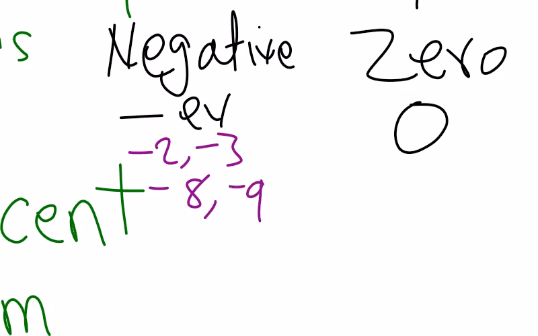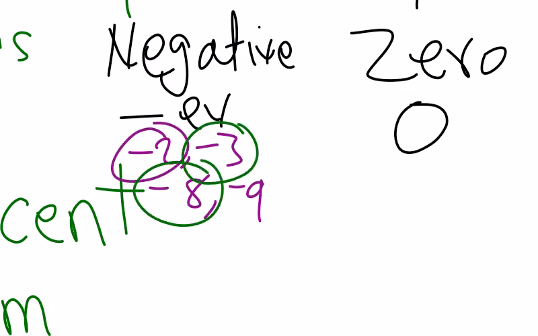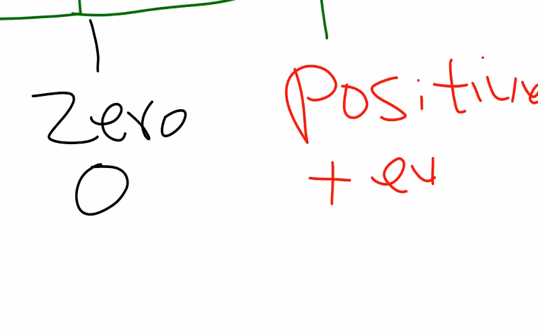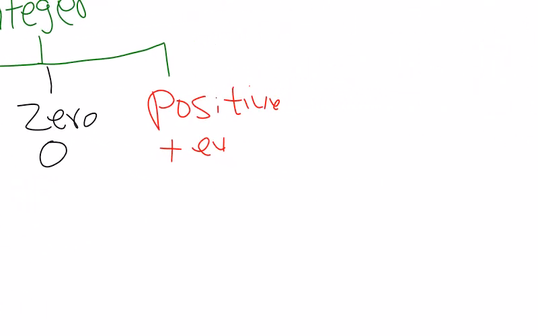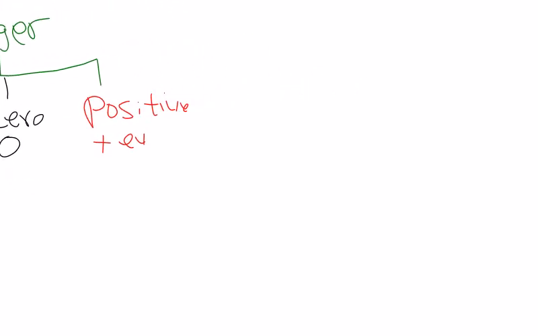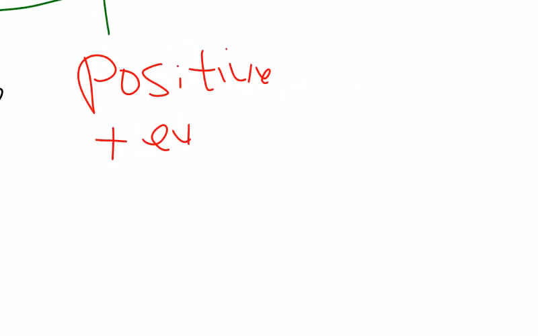Also here, positive numbers are those numbers that have a plus before them. For example, +1, +2, +3, +4, etc.